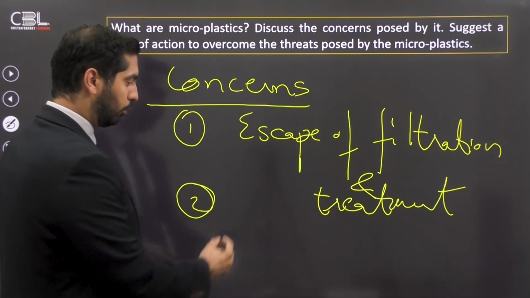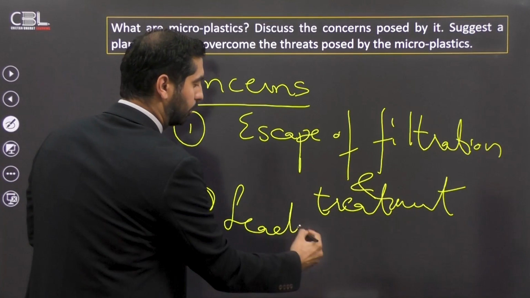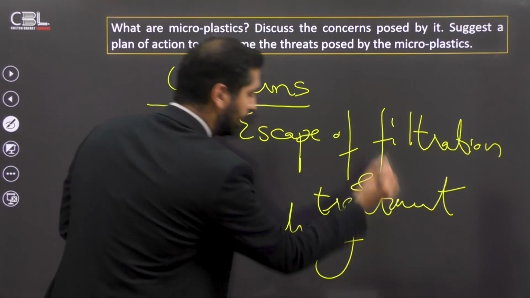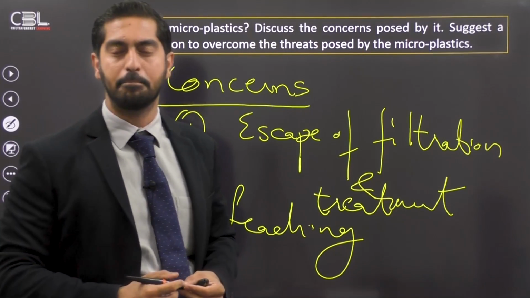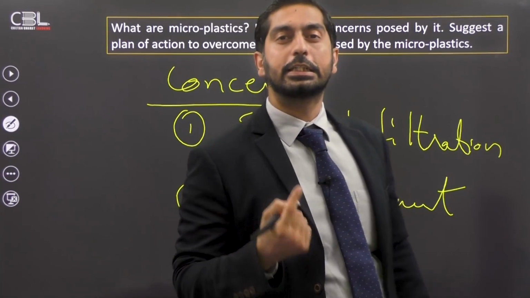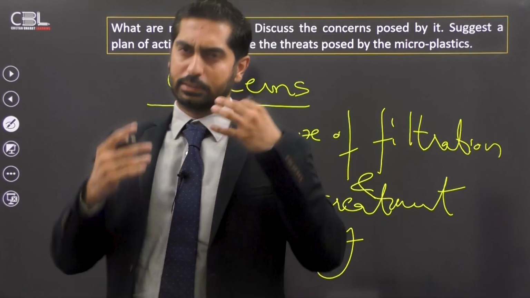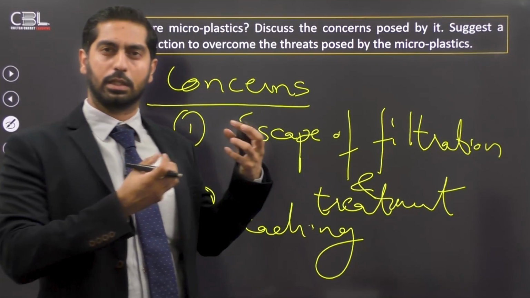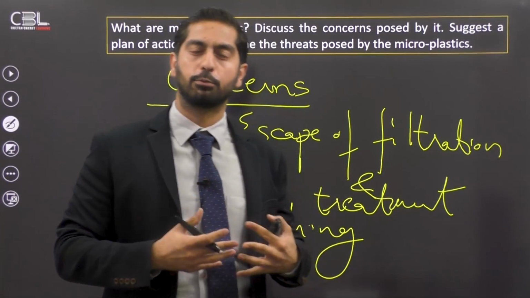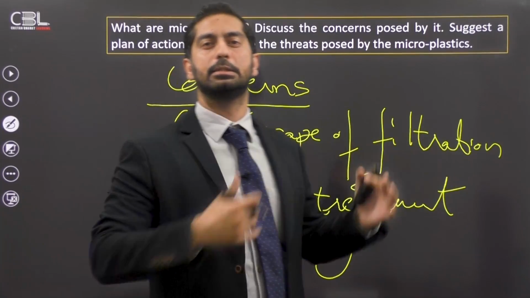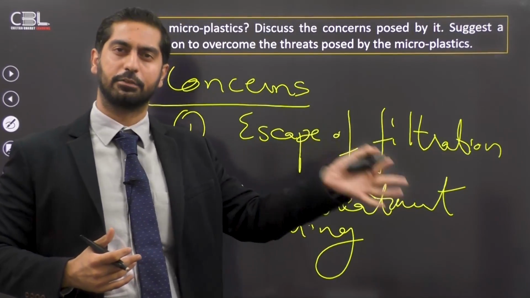Possibility of leaching from the landfills. Then the third concern: when these microplastics get accumulated in the groundwater, from the groundwater the seepage may lead to the rivers, and river water gets discharged into the oceans.